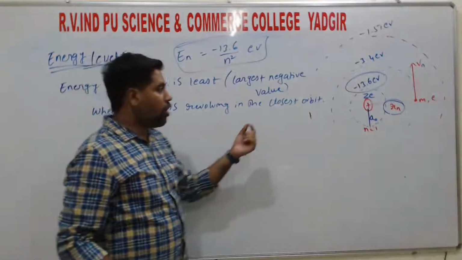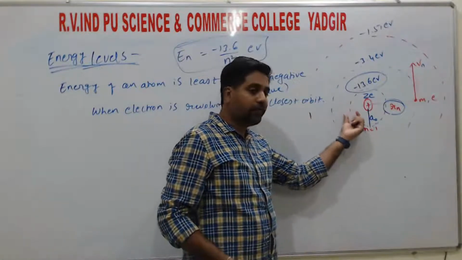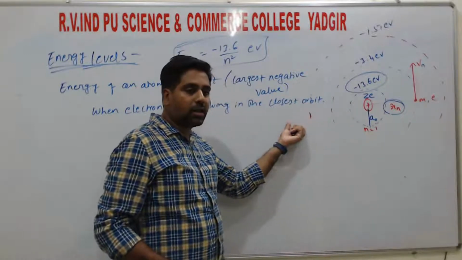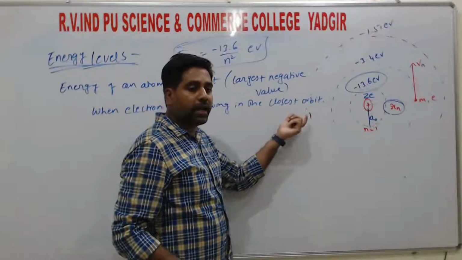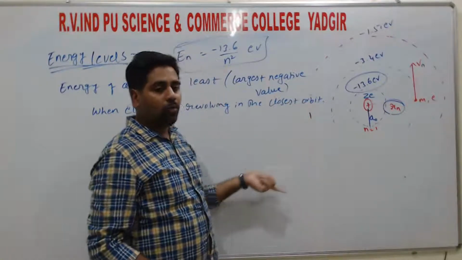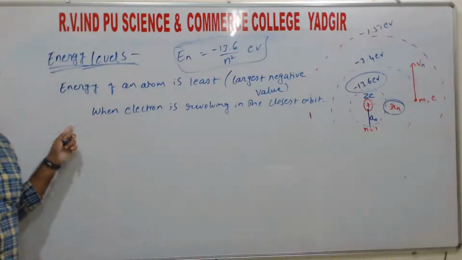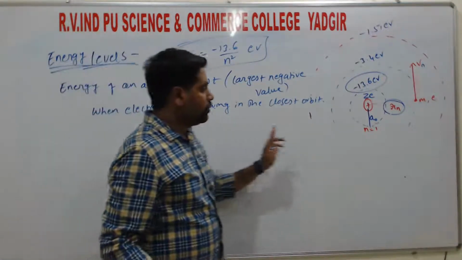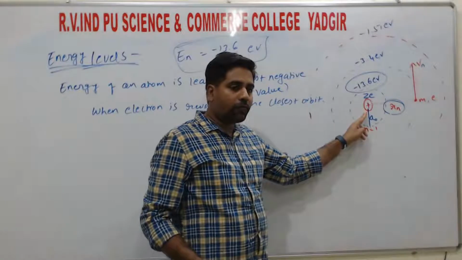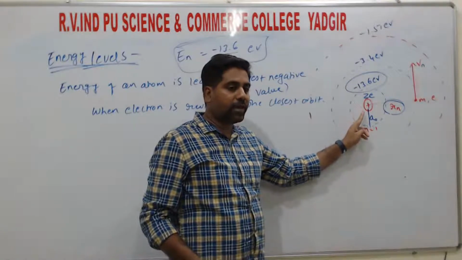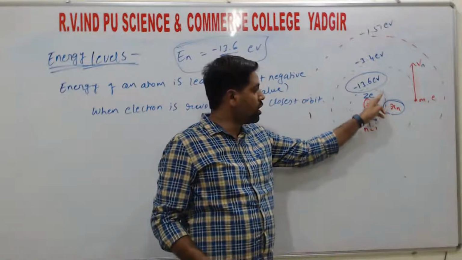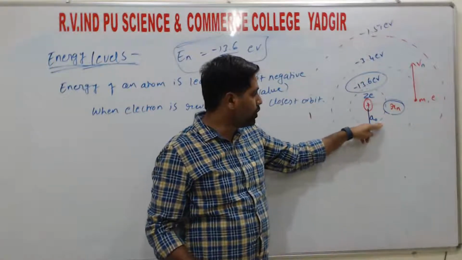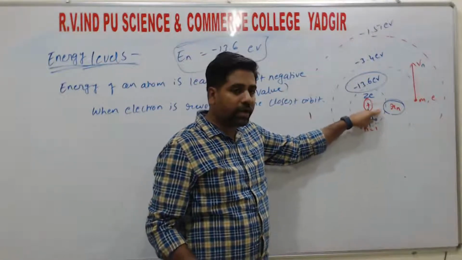If the electron is revolving in the second or third or fourth orbit, then the energy of the atom is more, right? So this is the first point: the energy of the atom is least when the electron is revolving around the nucleus in the closest orbit. After this, we don't have any closer orbit.